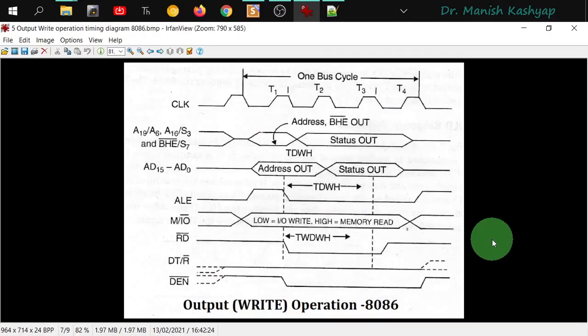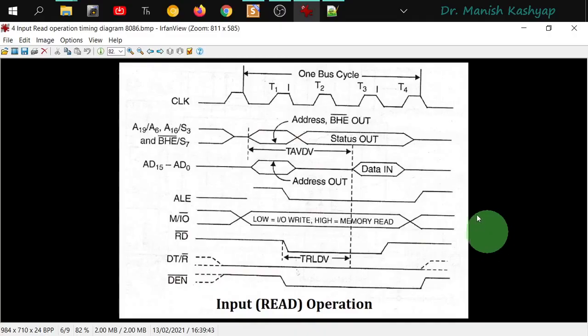And one more important point to note in these timing diagrams is that between this T3 and T4, there is a flexibility to introduce some additional bus cycles, or additional T states. Why? Because you might have a peripheral device which is slower as compared to the microprocessor. So in that case, you might need some additional time to transfer the data, I mean, receive the data or give the data.